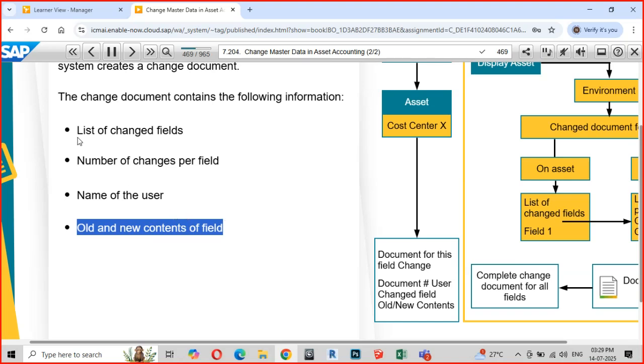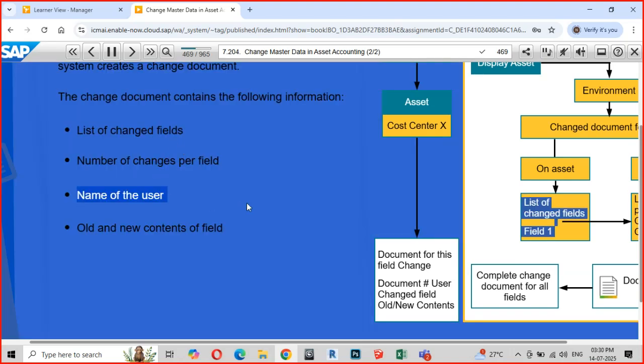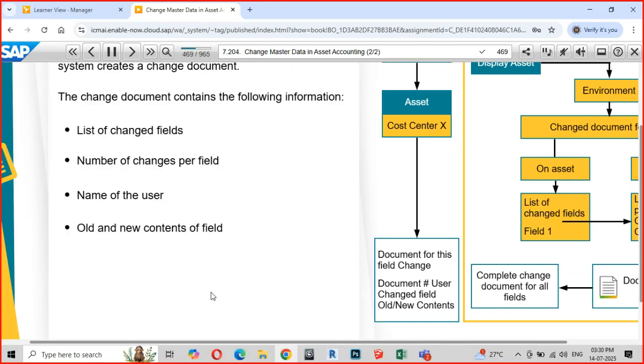In addition to this, clear? It maintains the time when who has entered what transaction. That is the reason as to why we say, please do not share your SAP system login, user ID and your passwords.